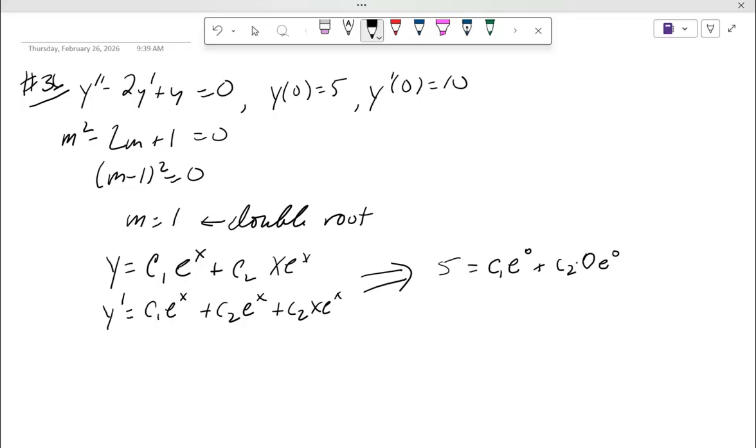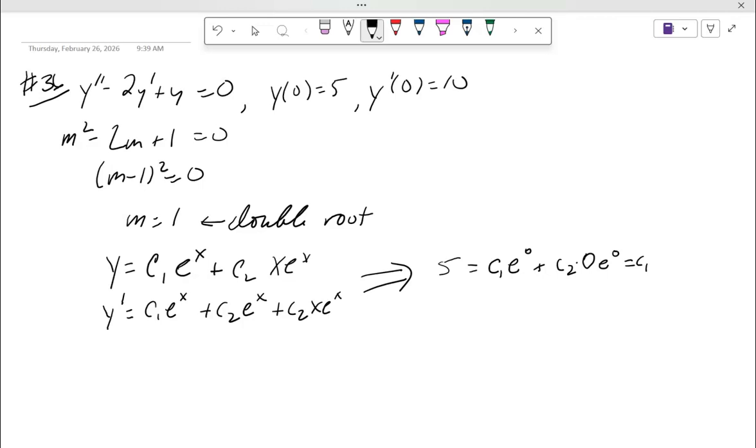We'll get C1 e to the 0, and then C2 times 0 times e to the 0. Well, we'll get a 0 in that second case, right? So we just get C1. I made that equation really easy.